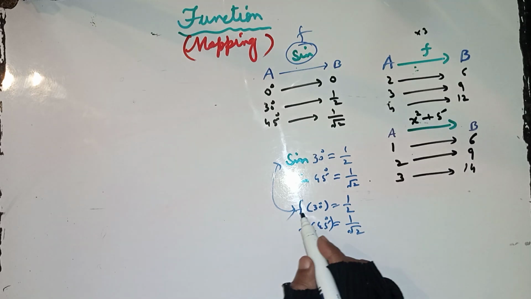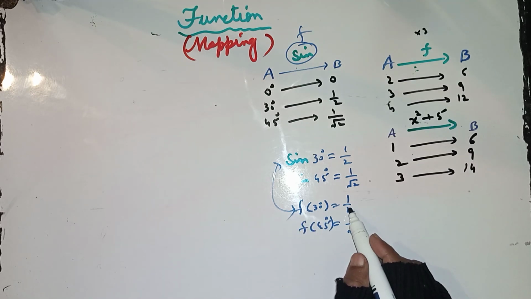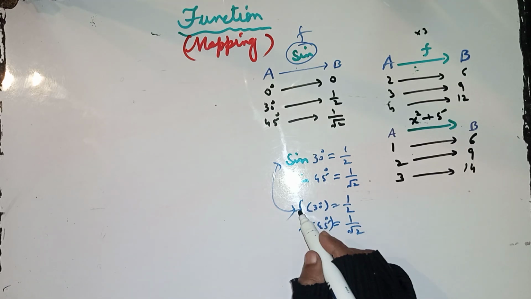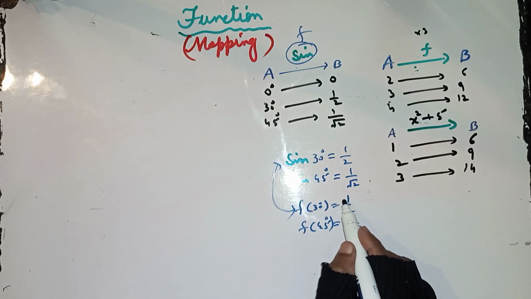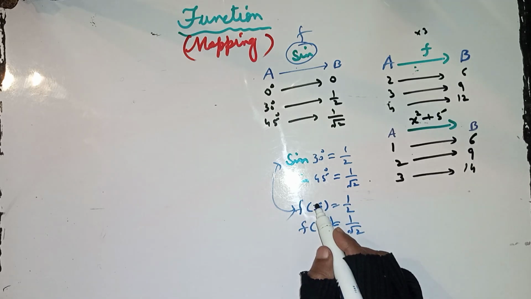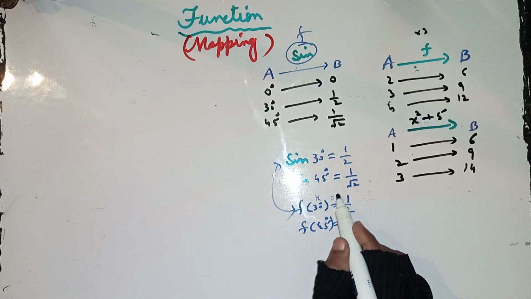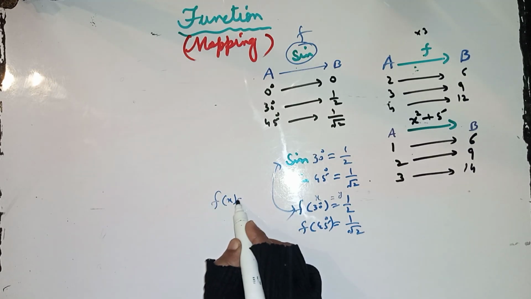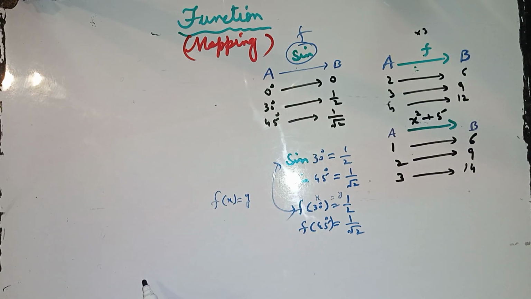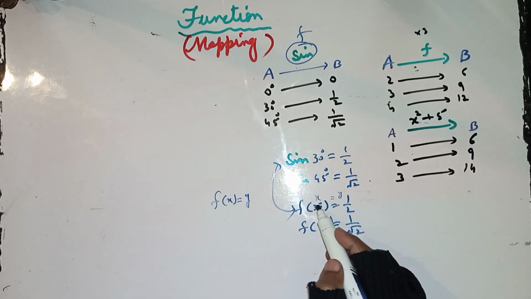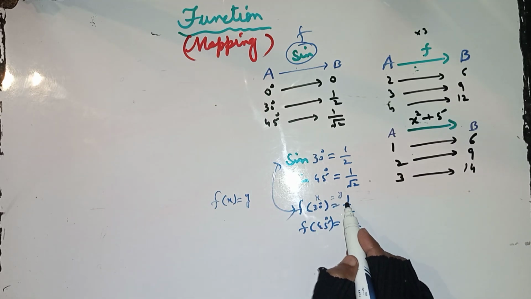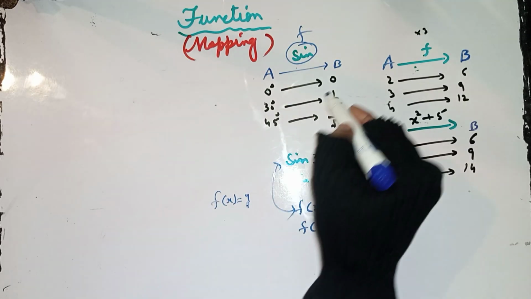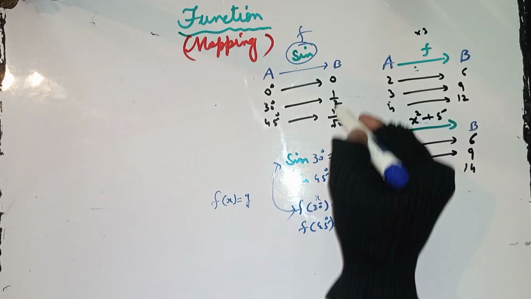In generalized form we write it as, and this is called the domain of the function, this is called the range of the function. If I take x here and y as the range, I can write it as f of x is equal to y, where this is the domain, this is the range, this is the set of domain, this is the set of ranges or images.